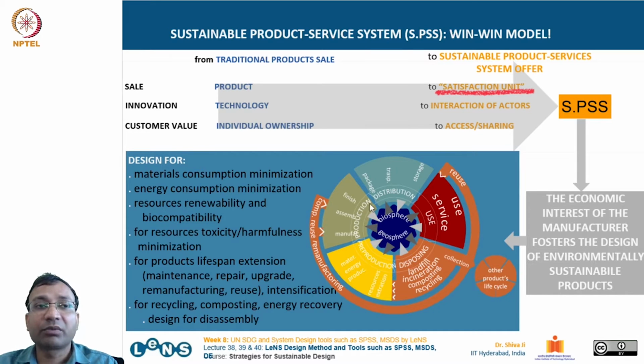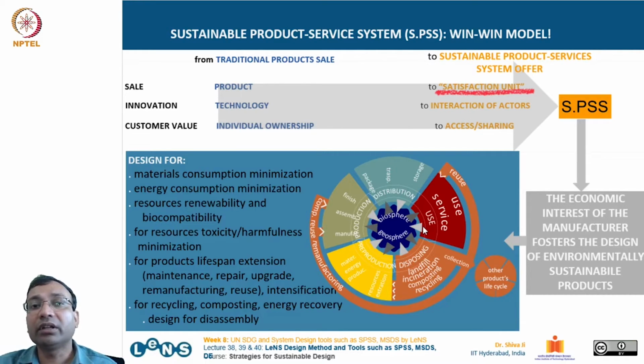On the production part, the finishing, assembly, and manufacturing will also have an efficient impact. On distribution, the storage, transportation, and packaging, there will be savings too. So across the life cycle, there will be saving in each and every domain of it.